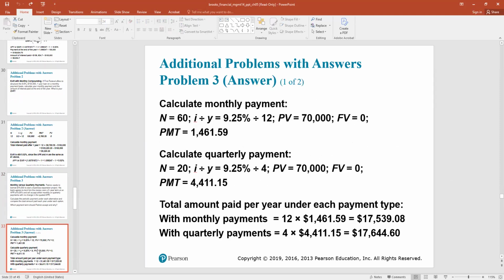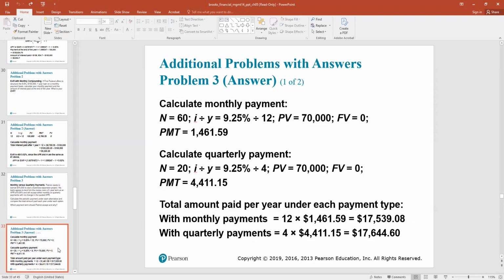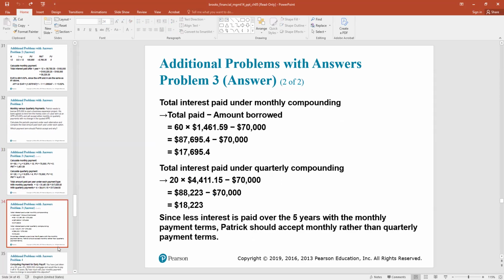She will definitely choose monthly, because the monthly pays less interest. The more frequent, the less interest will be paid. Since less interest is paid over the 5 years with the monthly payment terms, Patrick should accept the monthly rather than the quarterly payment terms.